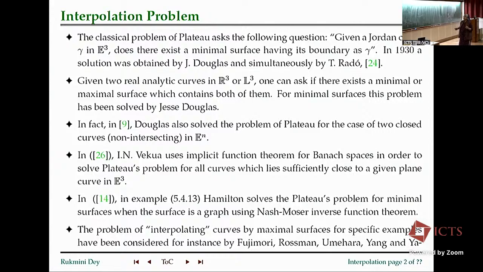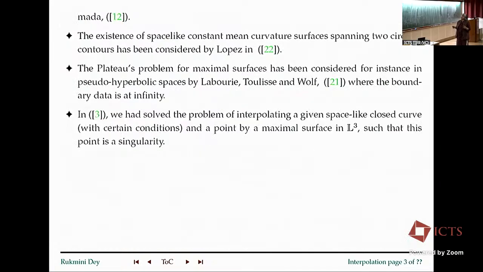And the problem of interpolating curves by maximal surfaces for specific examples has been considered by Fujimori, Rossmann, Umehara, Ouyang, and Yamada.